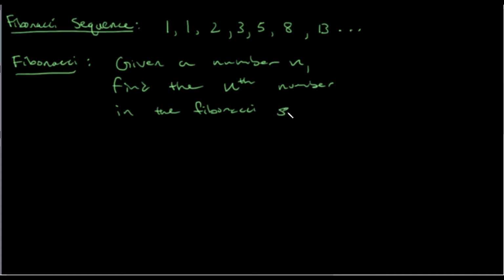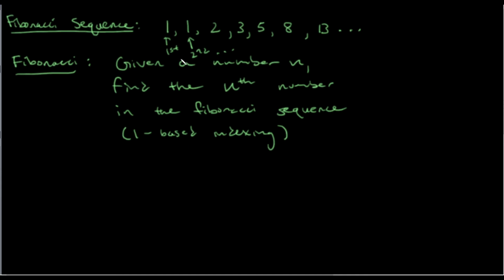And one thing to note is that this is one-based indexing. In other words, this is the first Fibonacci number, this is the second Fibonacci number, and so on.